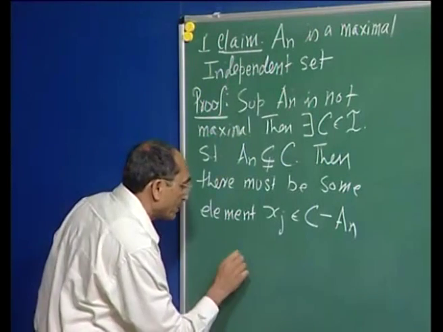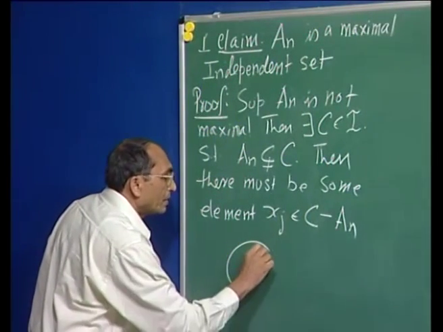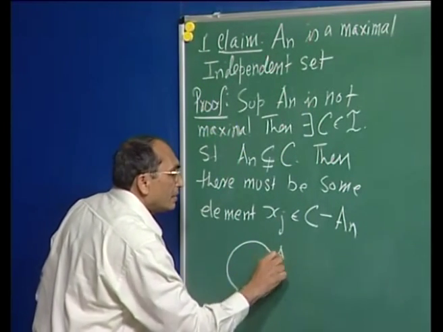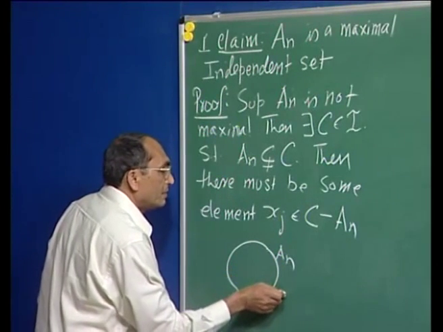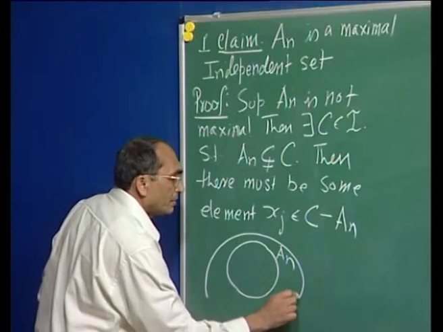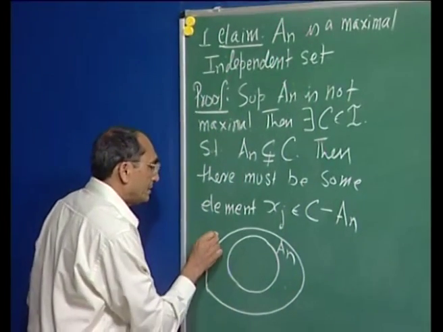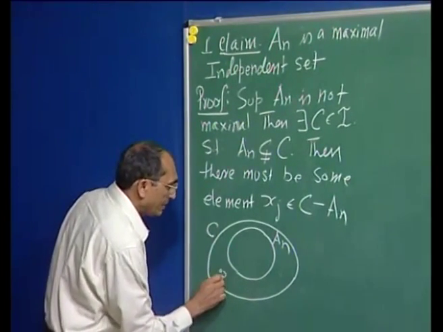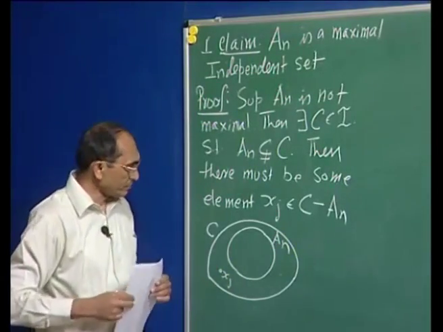So, let us just put the picture here. This is A_n and this, let us just draw this way, is C, and here is an x_j.